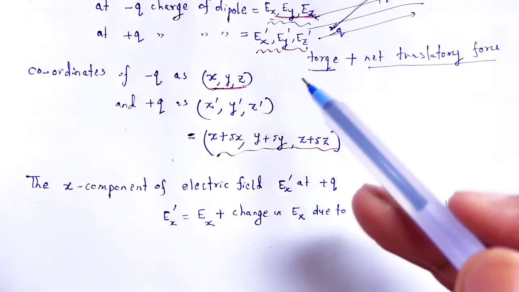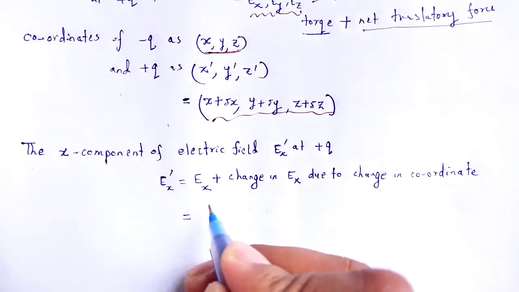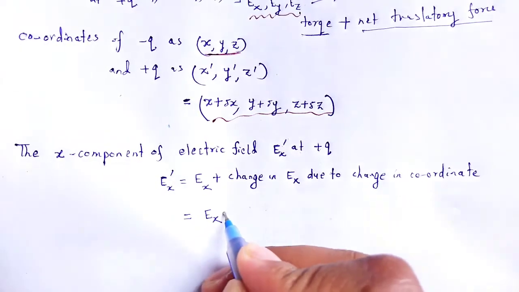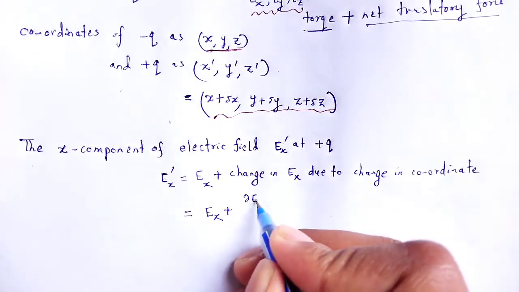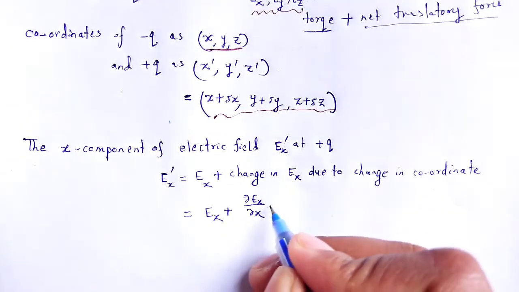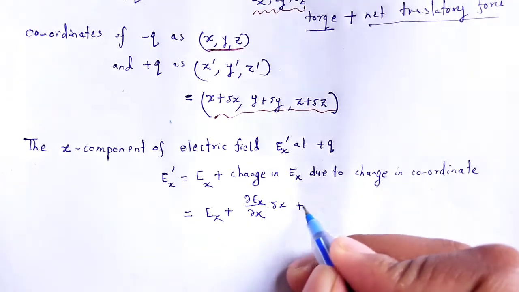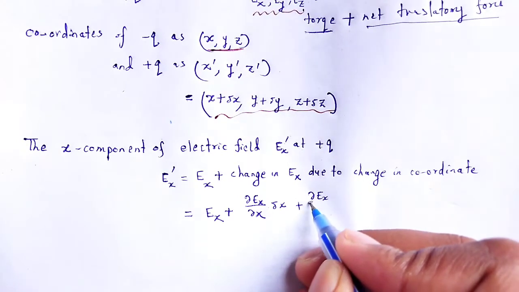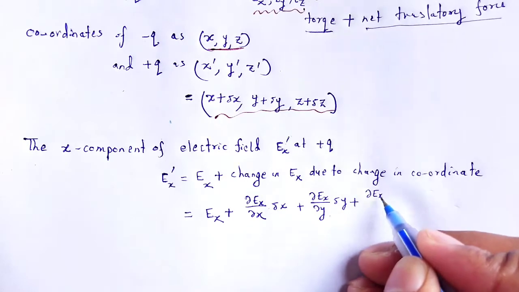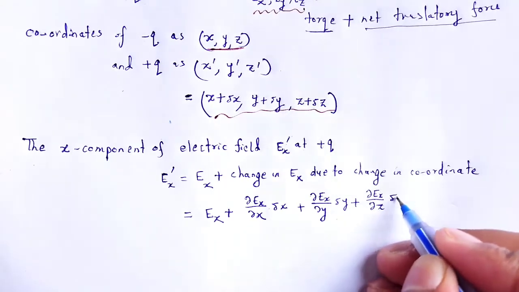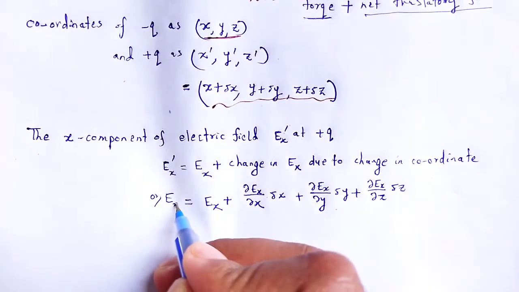As the coordinate changes, accordingly the electric field also changes. So we write Ex plus the change in Ex due to the change in coordinate, that will be del Ex by del x into delta x plus del Ex by del y delta y plus del Ex by del z delta z. This is for Ex dash.